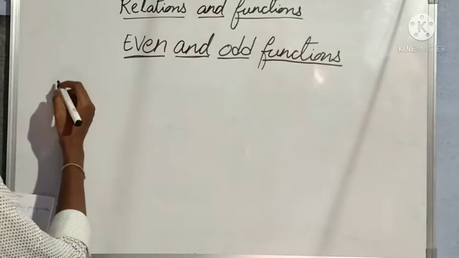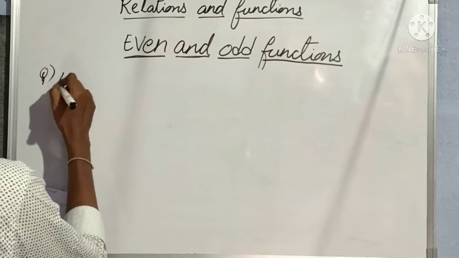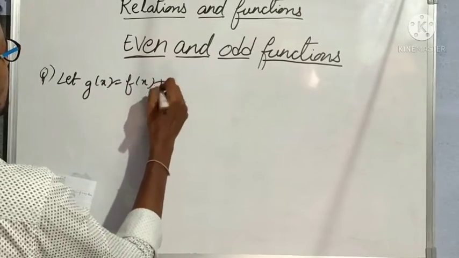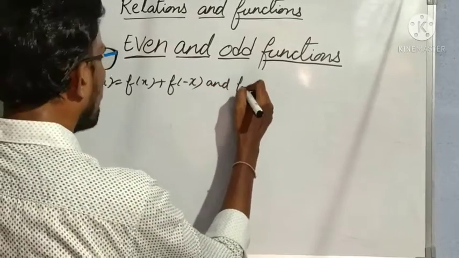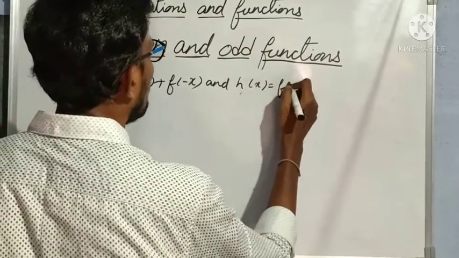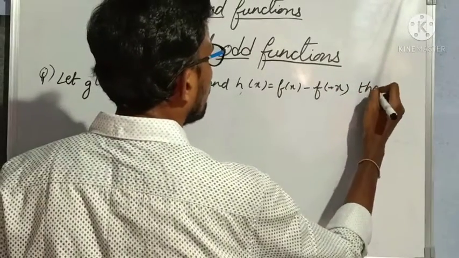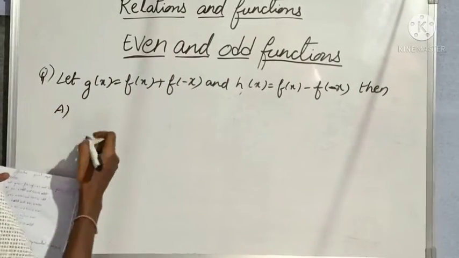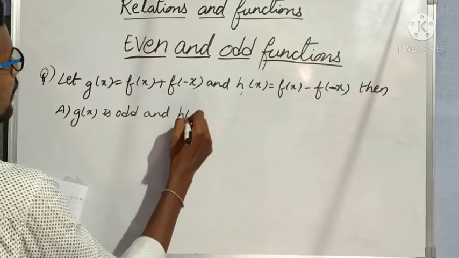Next, one more question. Let g of x is equal to f of x plus f of minus x, and h of x is equal to f of x minus f of minus x. Very interesting question. Options are also given here, so think, solve and say. Option A: g of x is odd and h of x is odd.